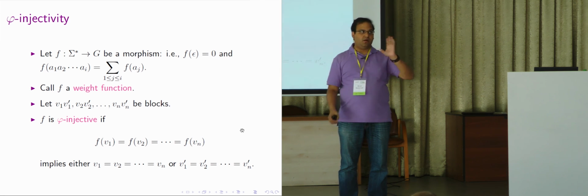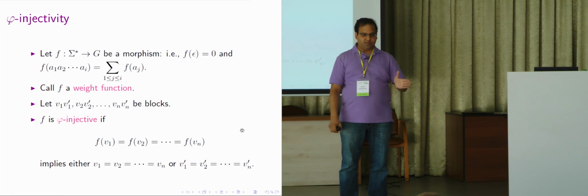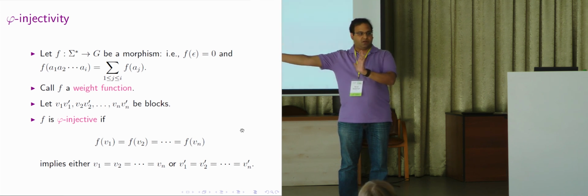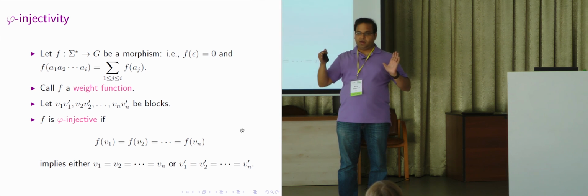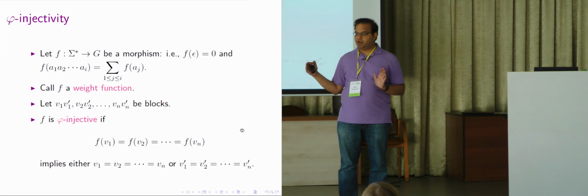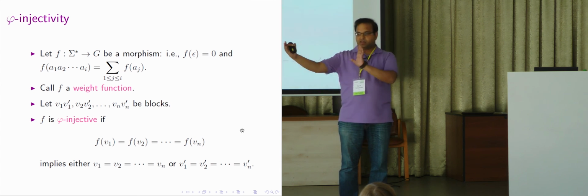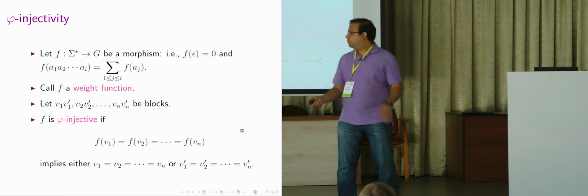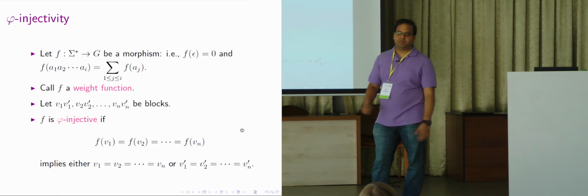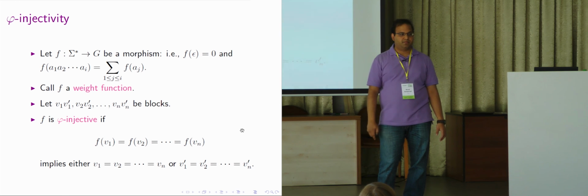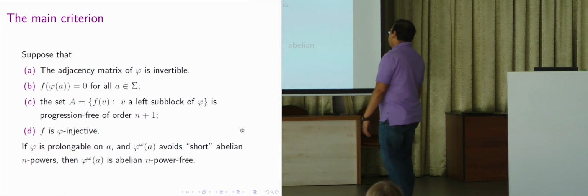Maybe the square starts in the middle of a block and ends in the middle of a block, and then I should try to shift the square so that it starts at the beginning of a block and ends at the end of a block. I'm going to do the same thing here. I want to do this kind of shifting, and this is the technical condition that will let me do that.